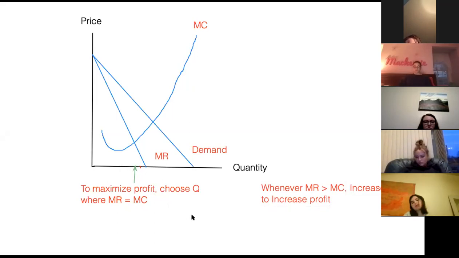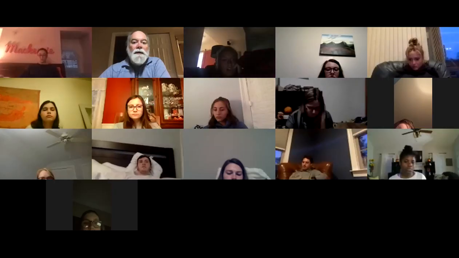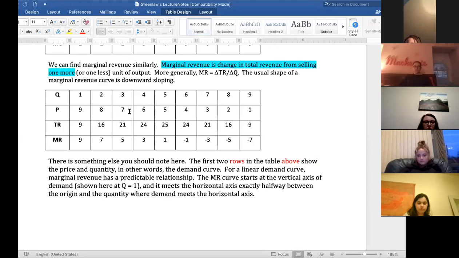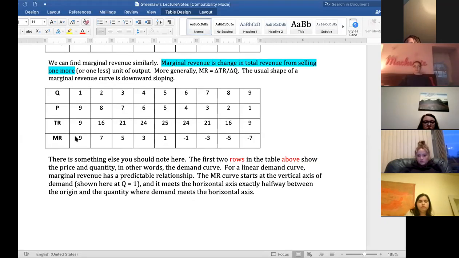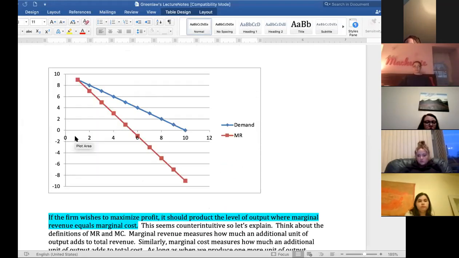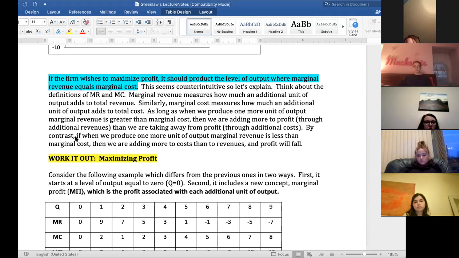Now, if you don't believe the graphical analysis, that's okay. You can tell the same story with the numbers here in the notes. Let me scroll down a little bit.